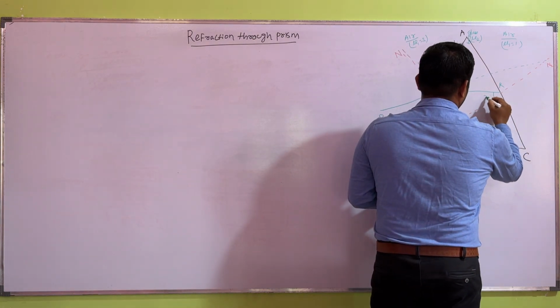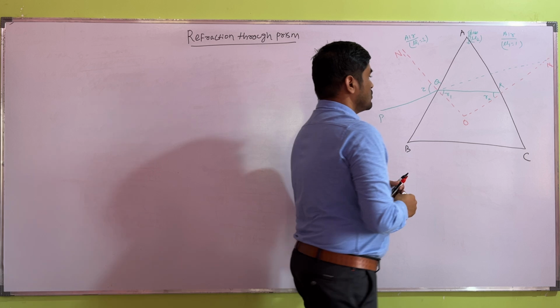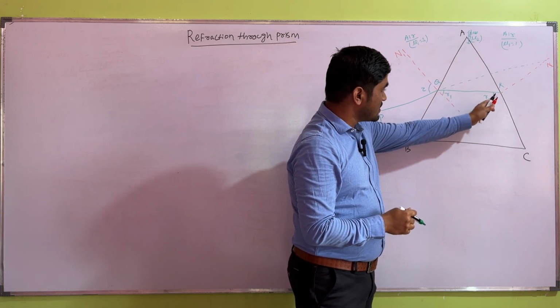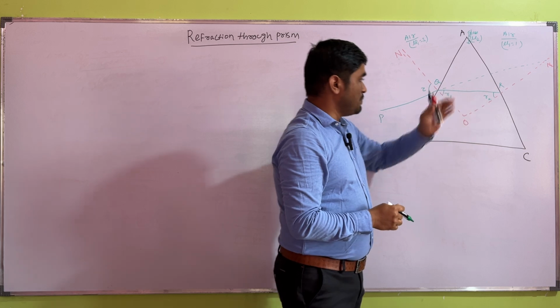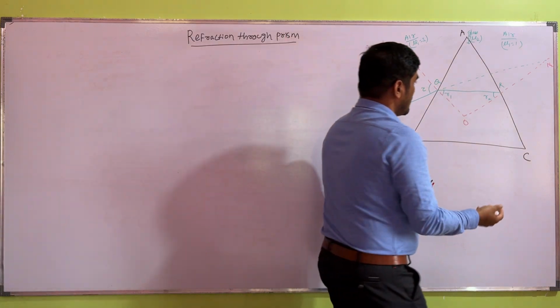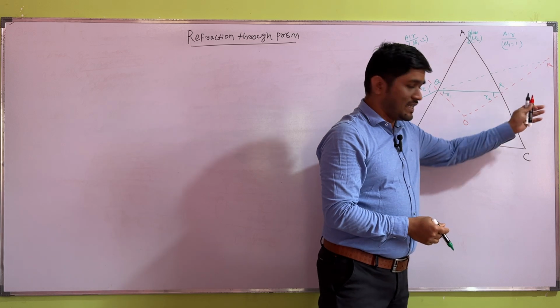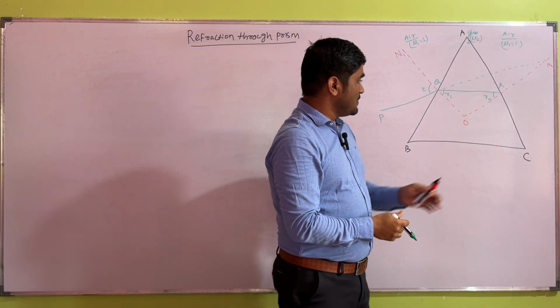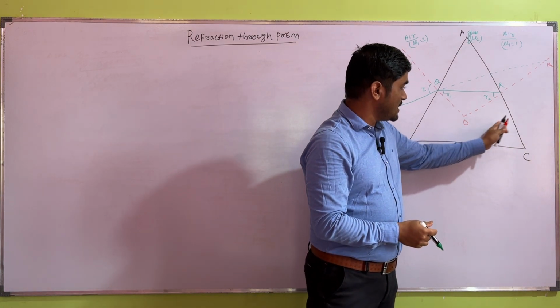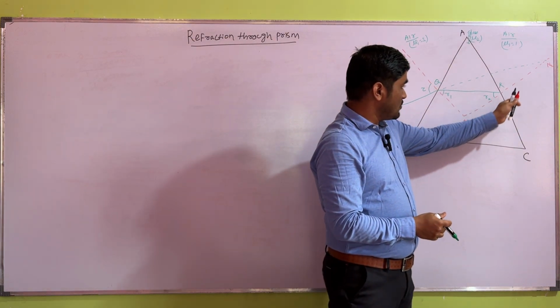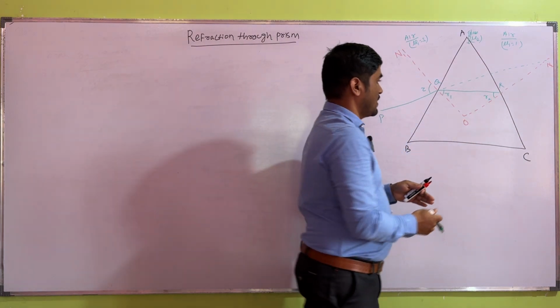And this angle R2 acts as the incident angle for the second face AC, and again refraction of light will take place, glass to air. This is a denser medium and this is a rarer medium, so the ray of light will move away from the normal.